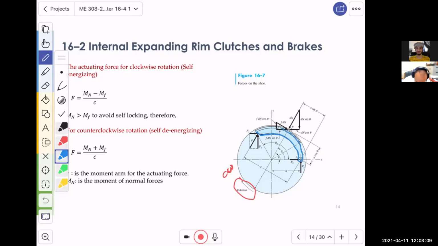On the top of the shoe, from here all the way down there, we have the frictional material. The beginning of this is theta 1, the end of it is theta 2. These are two important parameters.